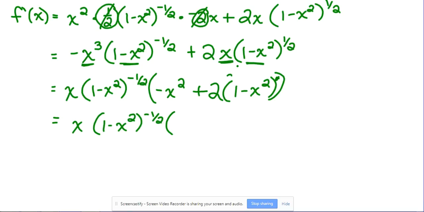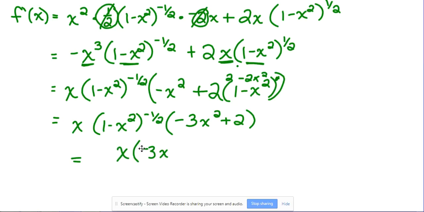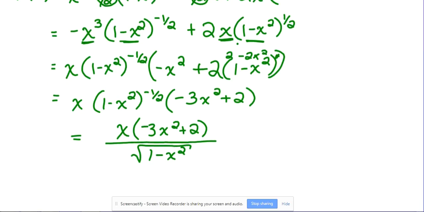So when we distribute the 2, we get 2 minus 2x squared. So we've got negative x squared minus 2x squared, so that's negative 3x squared plus 2. And so then, final answer, we've got the x and the negative 3x squared plus 2 in the numerator over, we've got this expression, getting rid of the negative exponent, move it to the denominator, put it back in square root form.